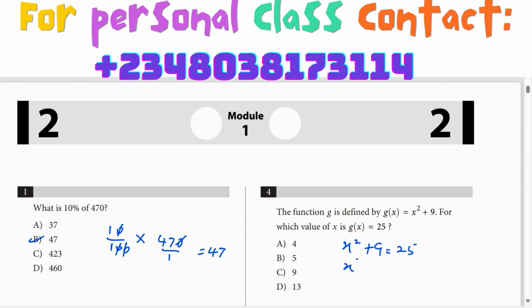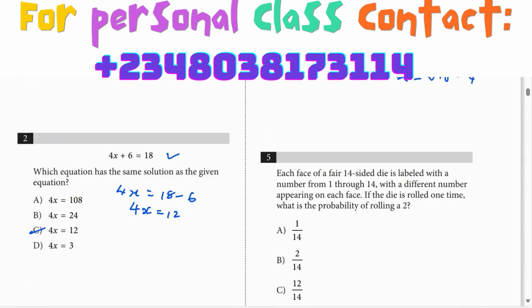And we solve, that gives us s squared equals 25 minus 9. S squared gives us 16. That means s is the square root of 16. And that gives us 4, which is option A. We proceed to question number 5.